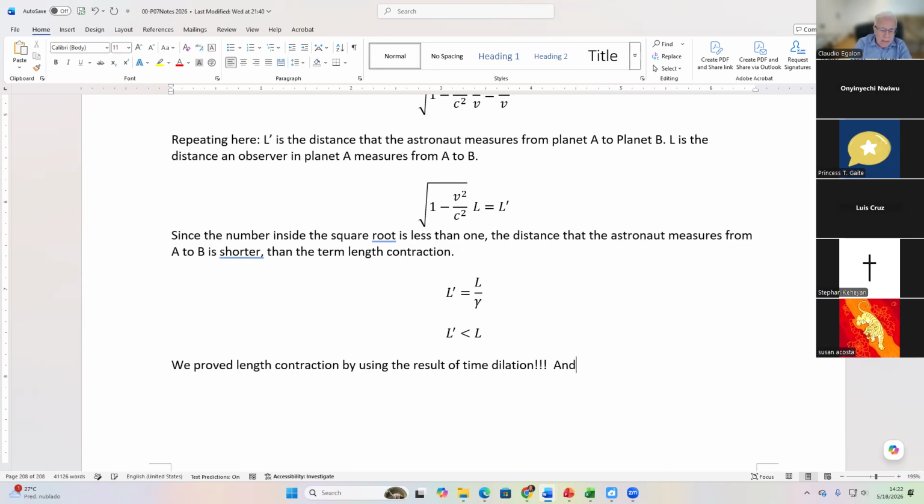And we proved time dilation using the light clock.